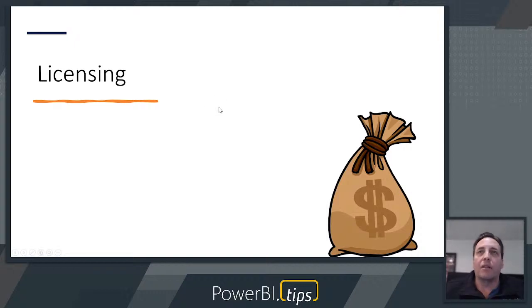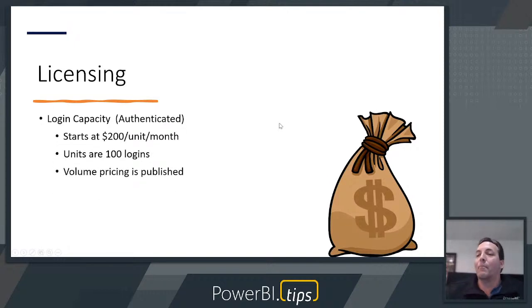Now we talk a little bit about that licensing stuff. My disclaimer on licensing is that I only talk about what's published on the website. Pricing is MSRP. I don't deal with any discounts or anything like that, because it's almost a 100% certainty that I'll get proven wrong somewhere along the line if I go too deep into this. There are a couple of different types of licensing that we talk about. One is login capacity, which starts at $200 per unit per month. A unit is 100 logins.